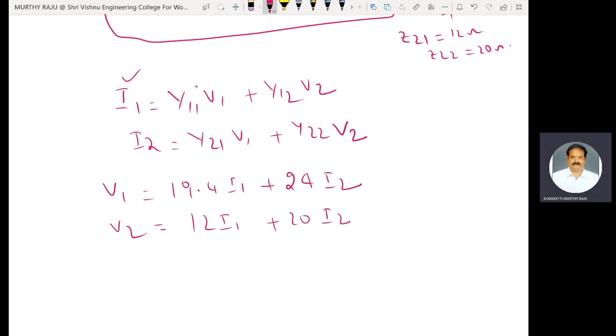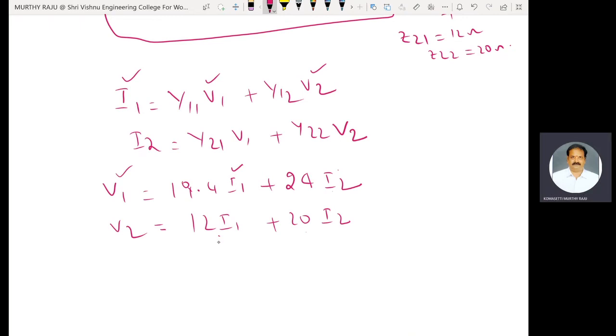Here we want I1, V1, V2. From the first equation, V1 is present, I1 is present, but V2 is not present, I2 is present. This I2 is replaced with V2 minus 12 I1 by 20.